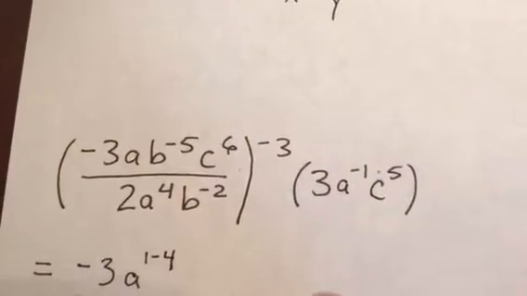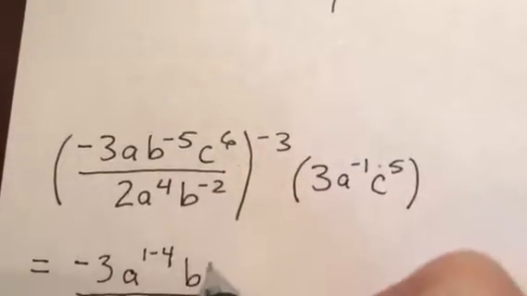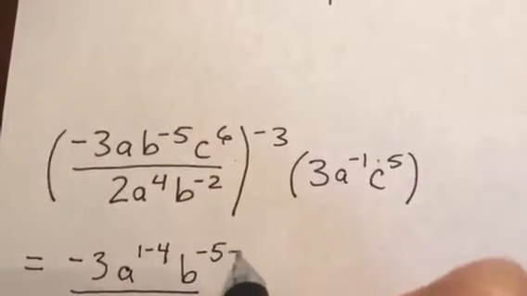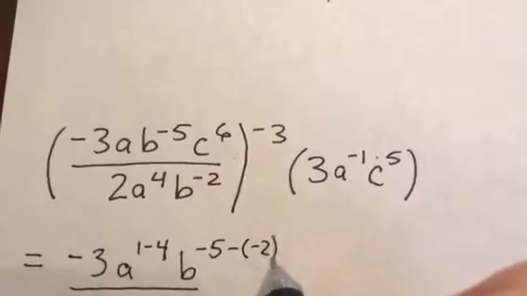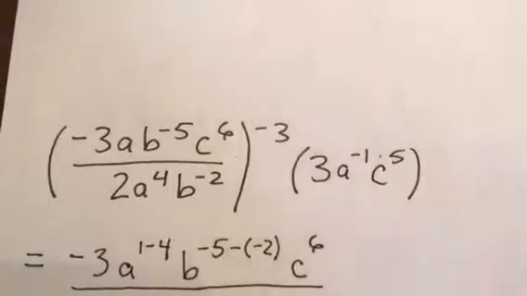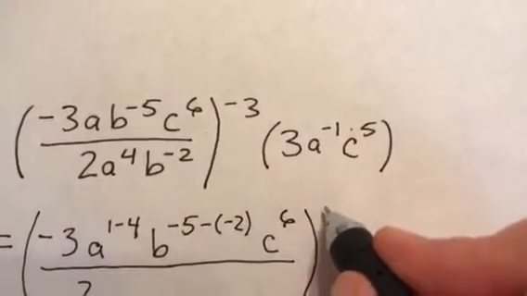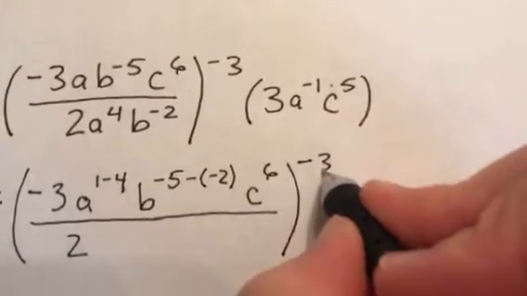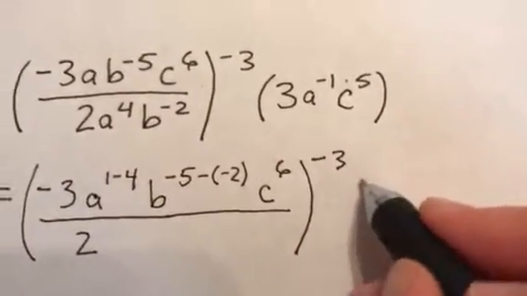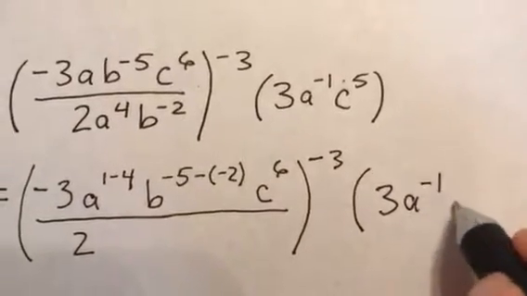We'll leave the 2 in the denominator. b to the negative 5 minus negative 2, and c to the 6th. So all this is inside those parentheses, and I haven't done anything with the negative 3 power yet on the outside. And I haven't done anything with this next term, so I'm just going to leave that the way it is.